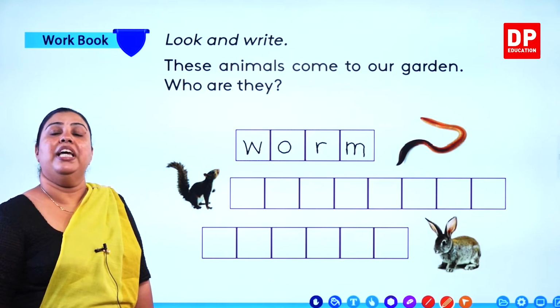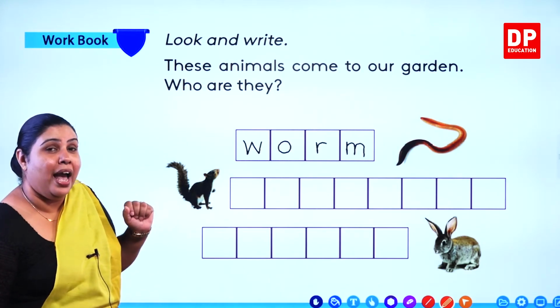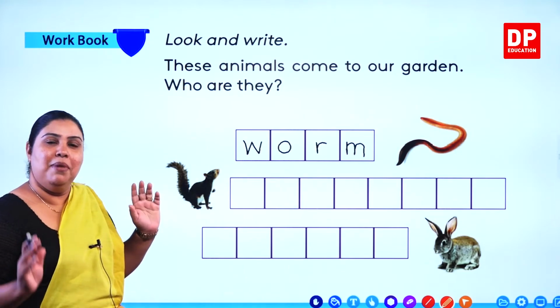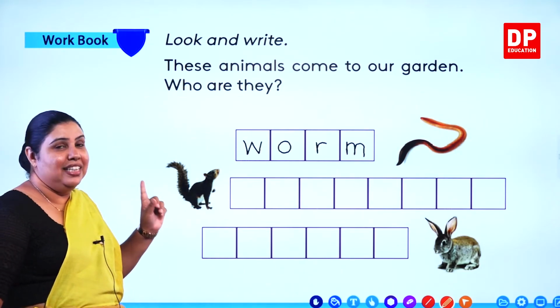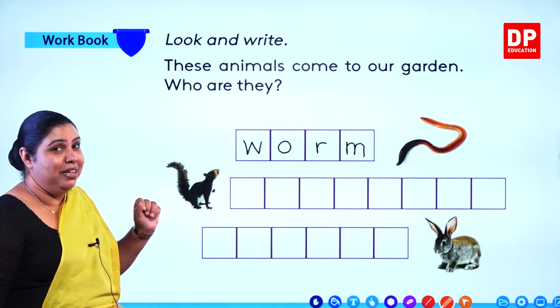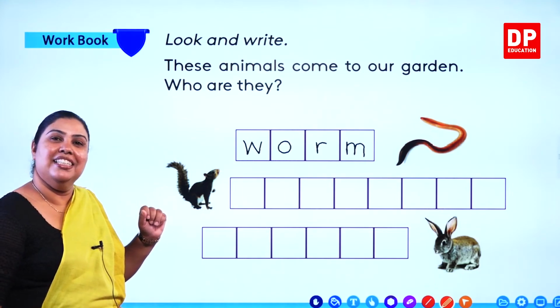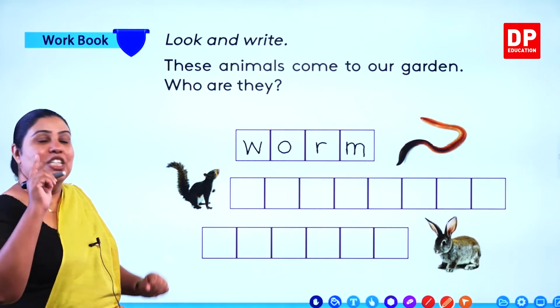Then who do we have next? Now he is asking, who am I? It has 3 lines on its back. Can you remember? It eats fruit from our garden. Who is this? Right? It is the squirrel.